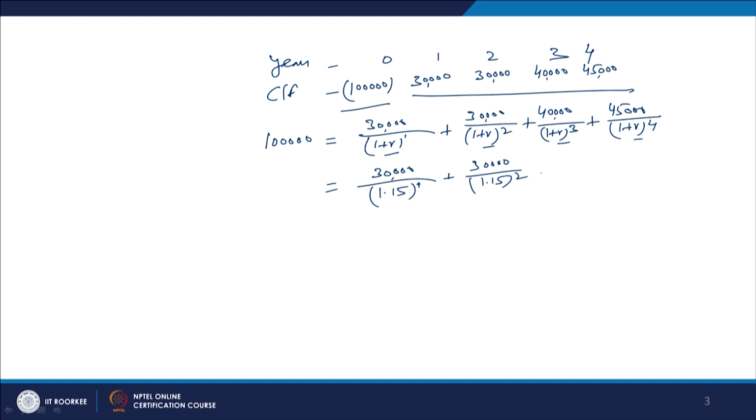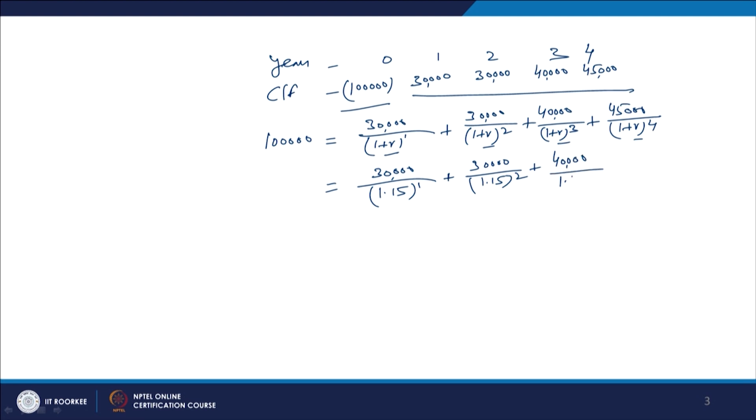I think this has become something else, so you may not misread it, I will write it again. So, this is 1.15 power 1, then this is 1.15 power 2.